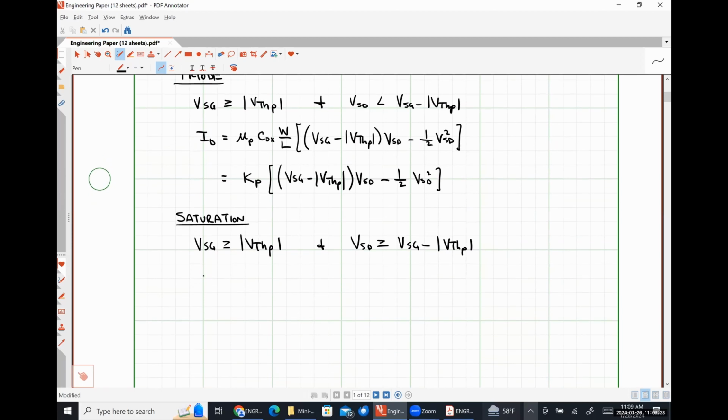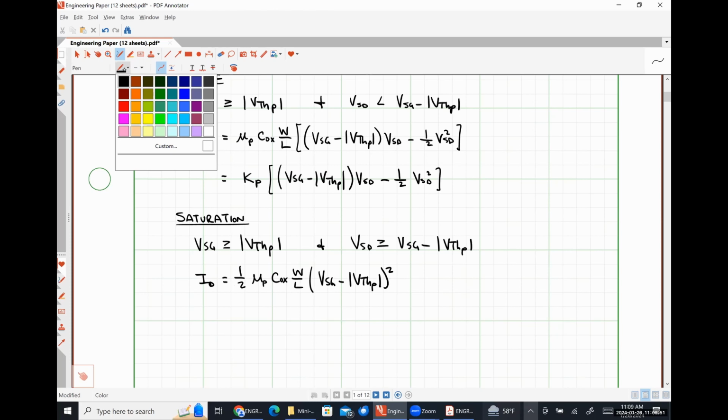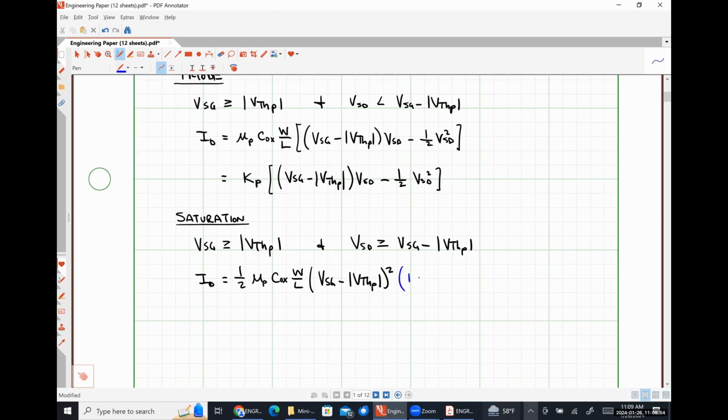And our drain current will be ID is equal to 1/2, sorry, I missed the 1/2, mu P Cox W over L times VSG minus the absolute value of VTHP squared. And then I'm going to do this part in blue because it's optional, times 1 plus lambda VSD if channel length modulation effects are included.